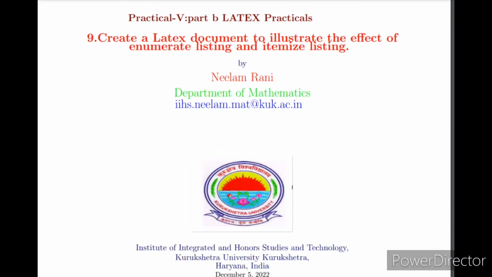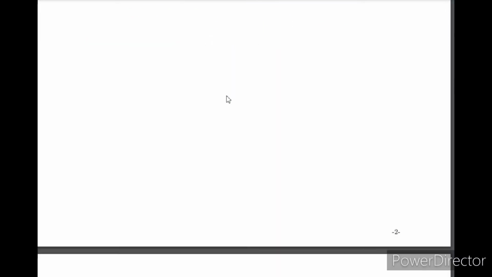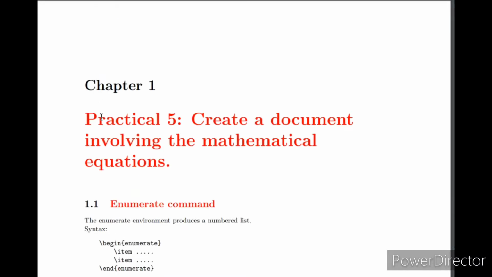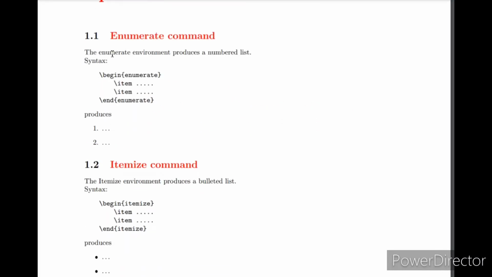Your syntax for this is this one, the enumerate command. We use the enumerate command to write a numbering system in your document, 1 and 2. You will use backslash begin, with curly braces, and in this environment you write enumerate.